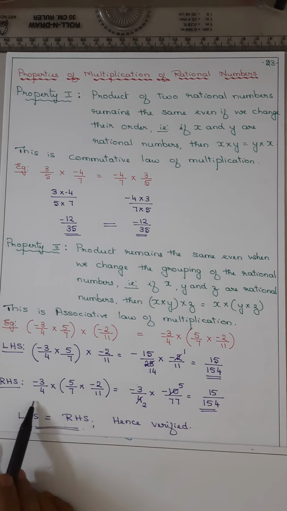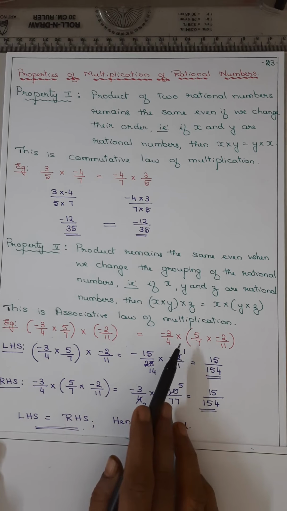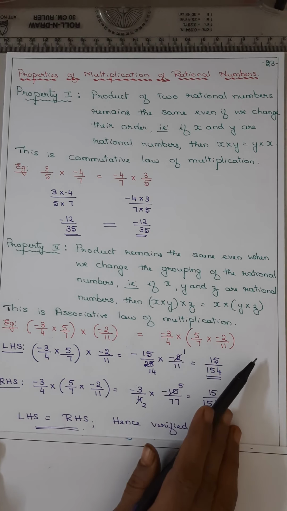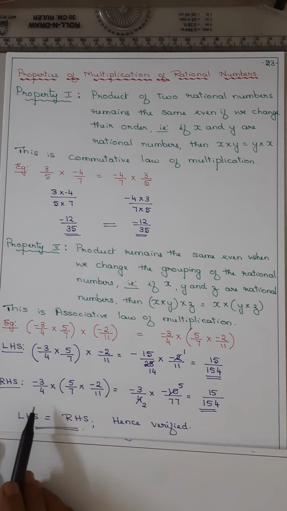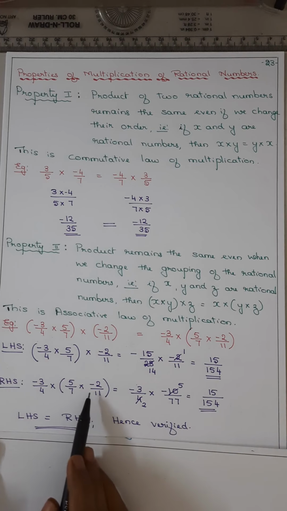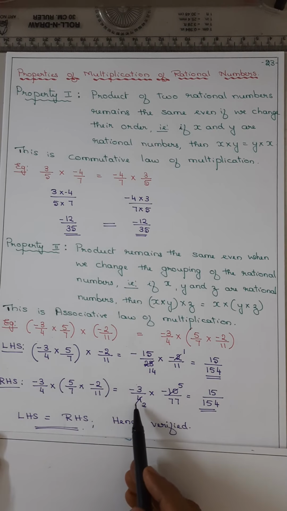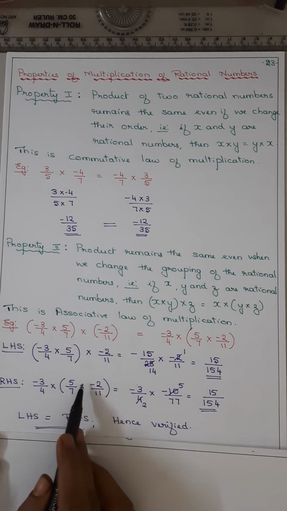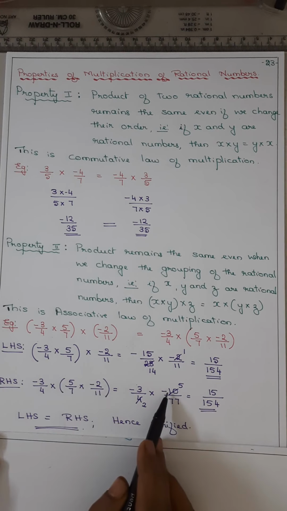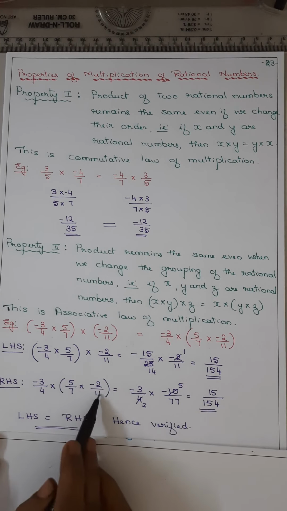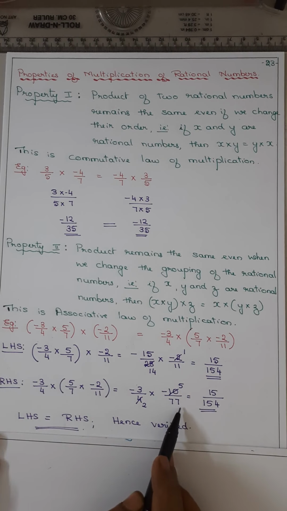Now in RHS, first you multiply the second and the third numbers. So minus 3 by 4 into 5 by 7 into minus 2 by 11. Minus 3 by 4, keep it like that. Now you multiply this, so it will be plus, minus into minus. 5 twos are 10, 7 elevens are 77.